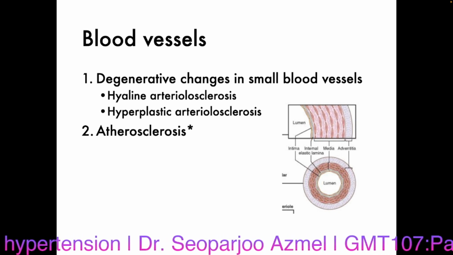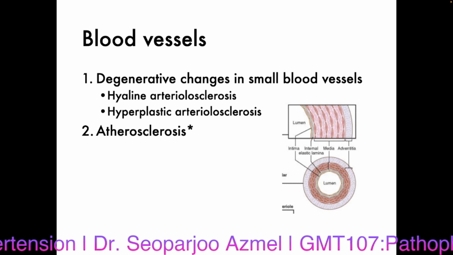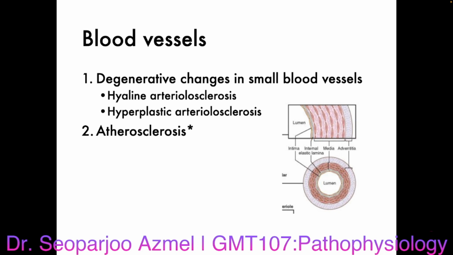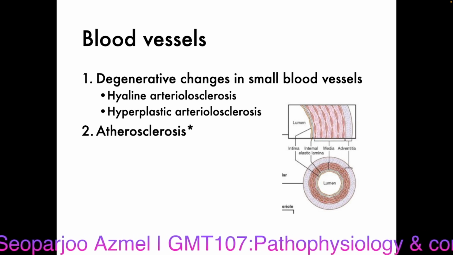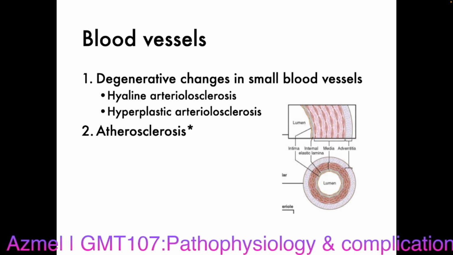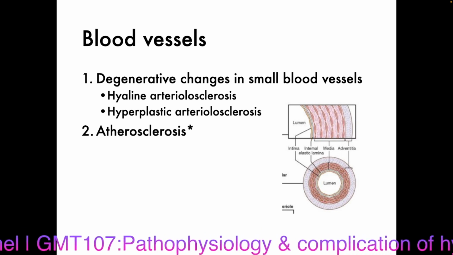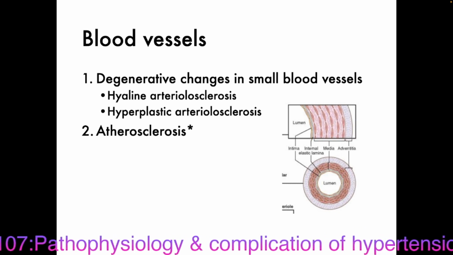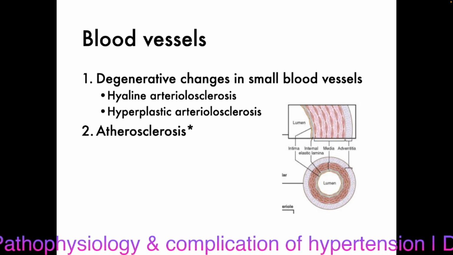Previously in my lecture, I also mentioned atherosclerosis. You need to mind the spelling, because these are different types of pathology. Number one is arteriolosclerosis and number two is atherosclerosis.